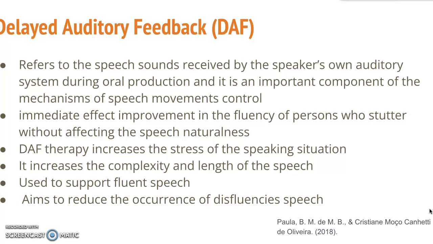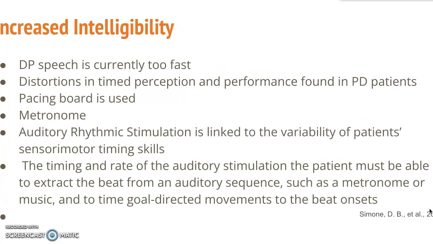Delayed auditory feedback increases the stress of the speaking situation. It increases the complexity and length of speech. It uses and supports fluent speech. It reduces the current occurrence of disfluencies in speech.